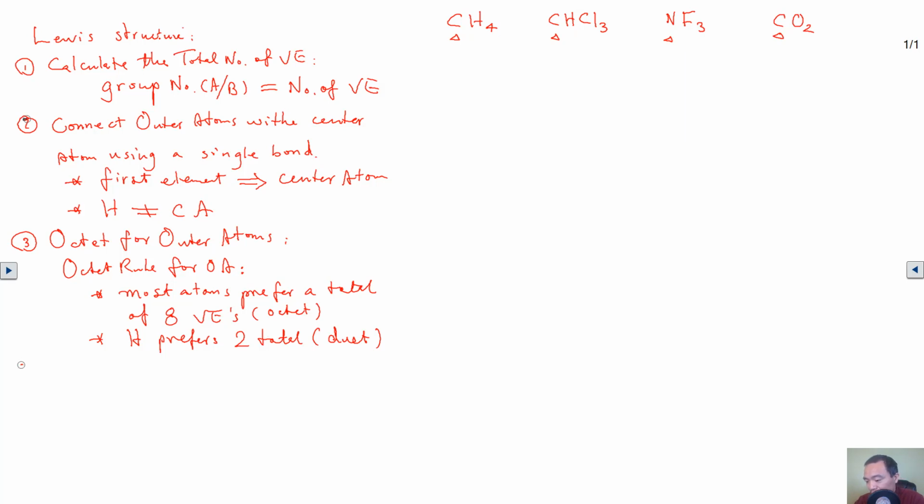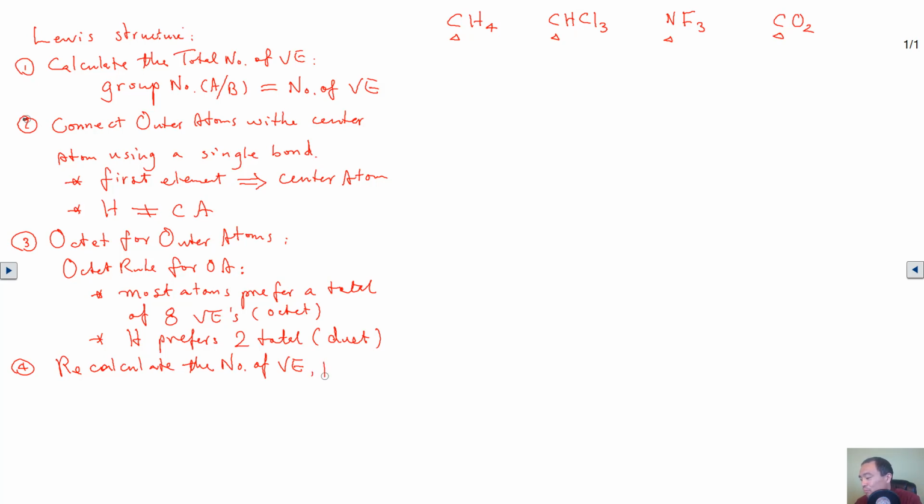After we do this, we will recalculate the number of valence electrons and find out how many valence electrons are still available.